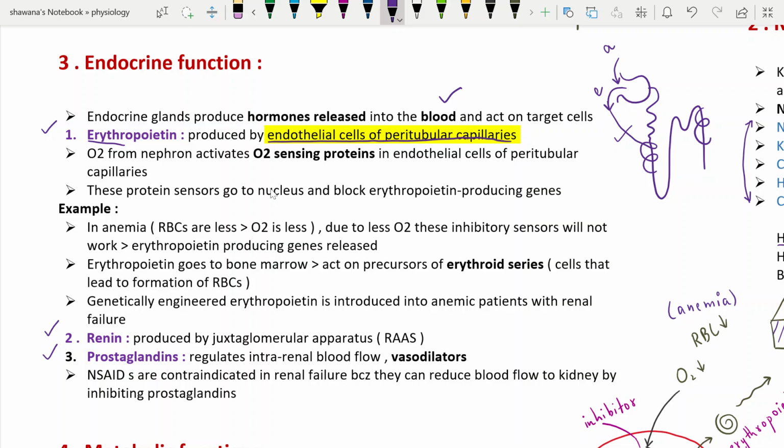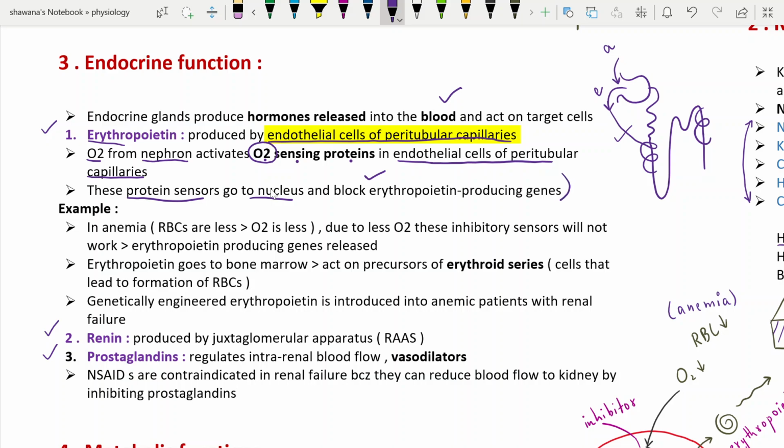First of all, oxygen. Oxygen is a major triggering factor for erythropoietin. Let's see how it can trigger. Oxygen from the nephrons activates the oxygen sensing proteins in the endothelial cells of peritubular capillaries. These protein sensors go to the nucleus of the endothelial cells and block the erythropoietin producing gene.